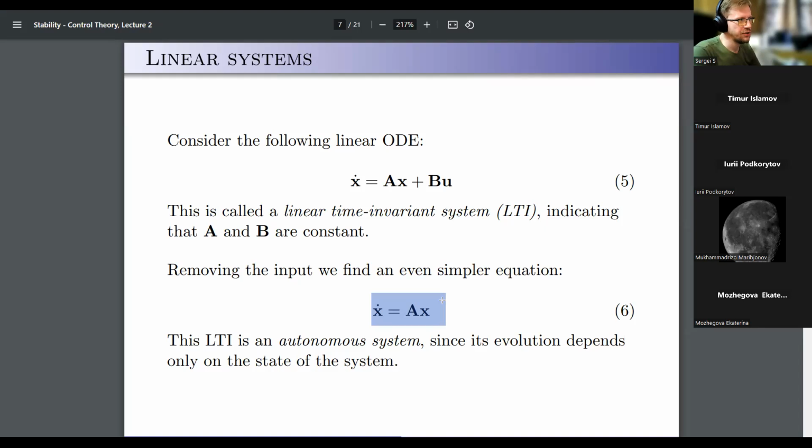What kind of node can the system have? A node or a critical point, if you want. Remember, a critical point is a solution where x dot is equal to 0. So what kind of critical point can the system have? Someone tell me.